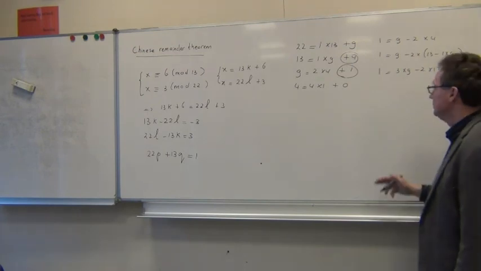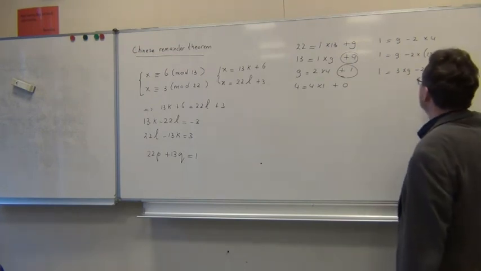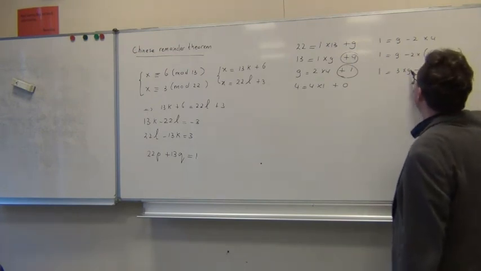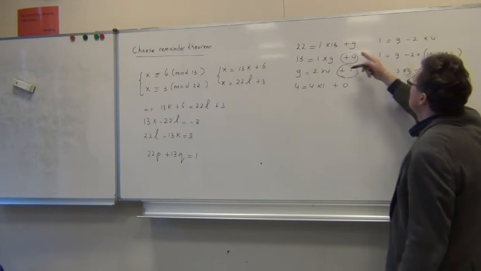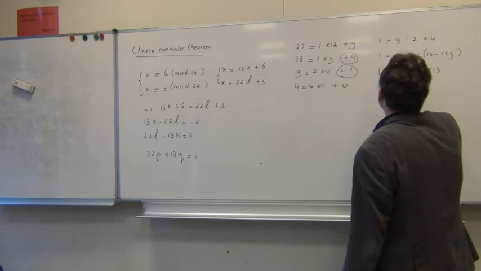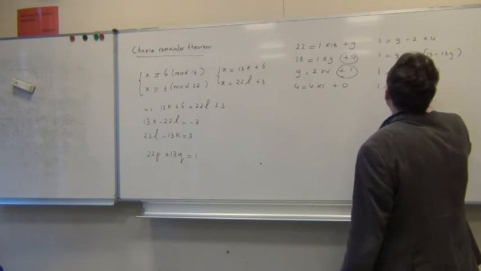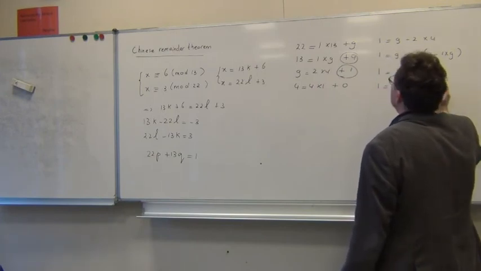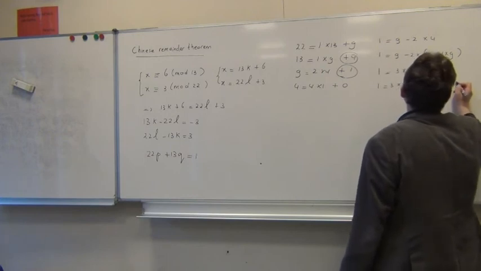Well, you can see it's still correct: 27 minus 26. And then this 9 can be replaced by 22 minus 13. So we have 1 is 3 times (22 minus 13) minus 2 times 13.